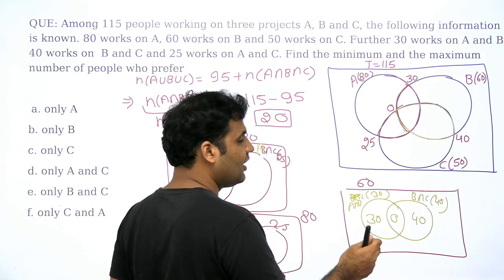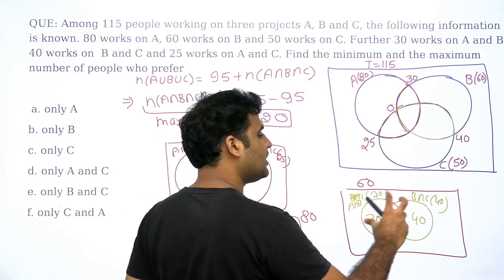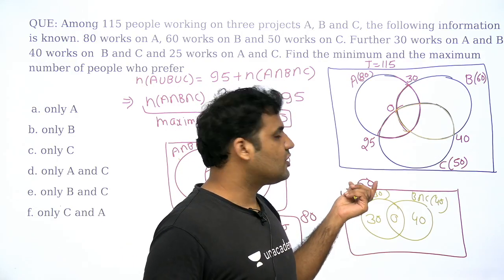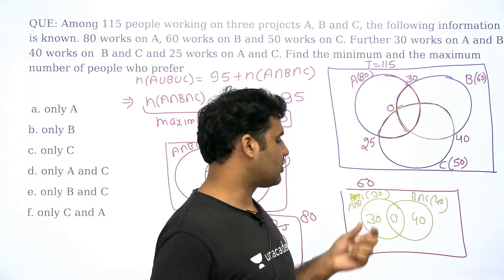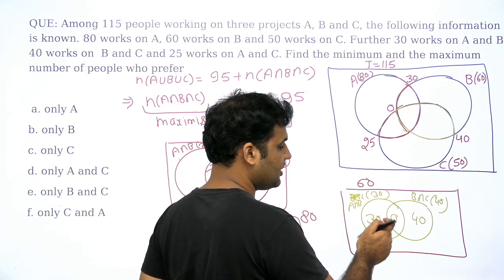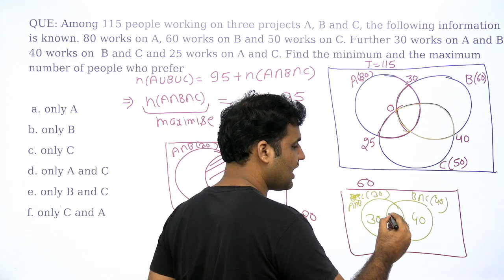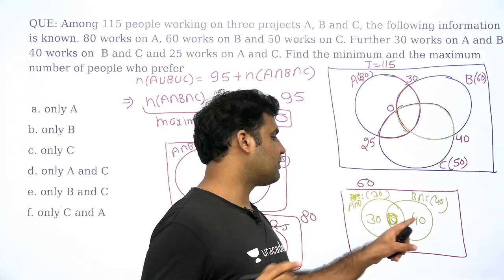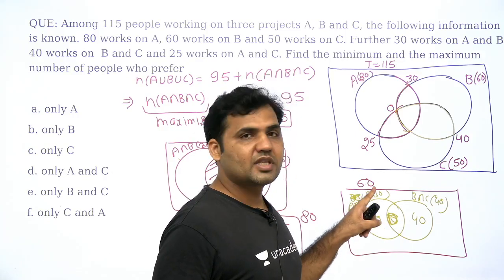Is it possible to accommodate two circles of 30 and 40 completely exclusive of each other under the union of set of 60? No, it is not possible. Why? Because this is 60. There has to be a value of 10 as minimum common, because if you make them completely exclusive, this becomes 70, which is 10 more than 60.